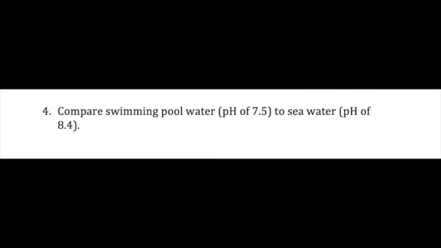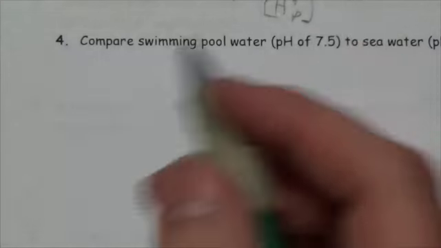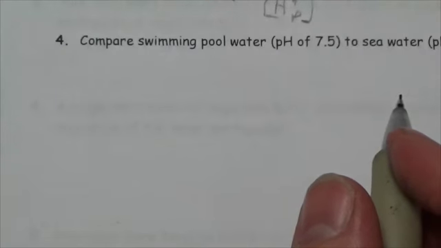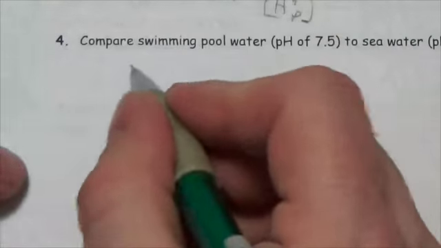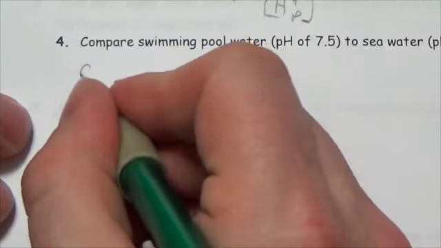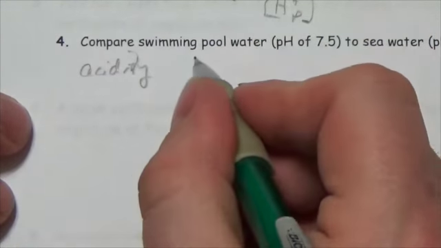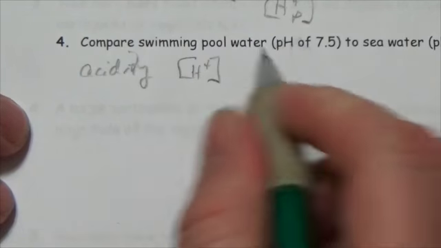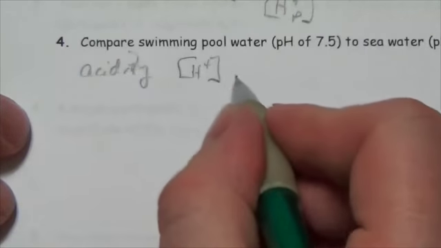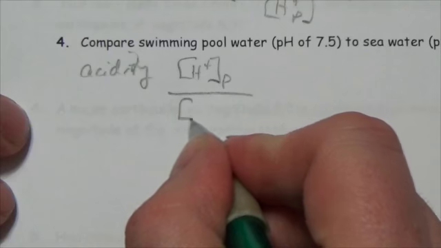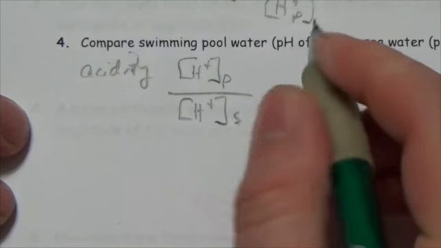Compare swimming pool water with a pH of 7.5 to seawater with a pH of 8.4. Okay, so this one kind of leaves it open. We're going to compare swimming pool water to seawater. So if we use the formula we built here, we're comparing acidity. So we're comparing pool water to seawater, so we're going to put pool water up top, and we will put seawater down below.